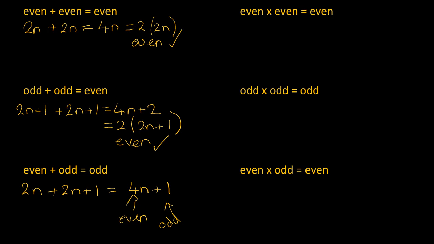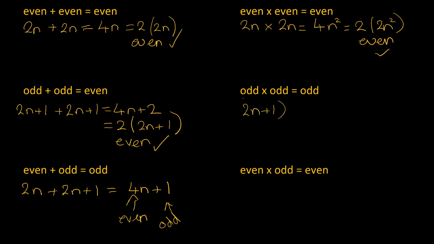So an even number is 2n. If we multiply it by an even number, we're going to get 4n squared. So that's 2 brackets 2n squared. So that's even. Odd would be 2n plus 1 times by 2n plus 1.